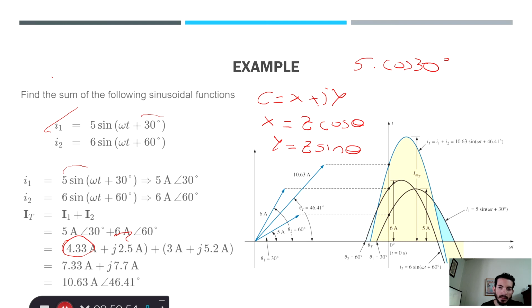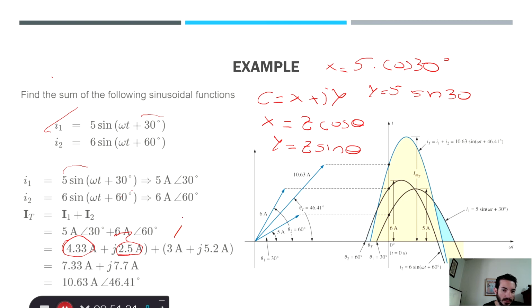And y equals 5 times sine of 30, so the sine will give you 2.5. Can you do the same thing for complex number 2? We already found it for the first complex number, and we'll do the same for the second.